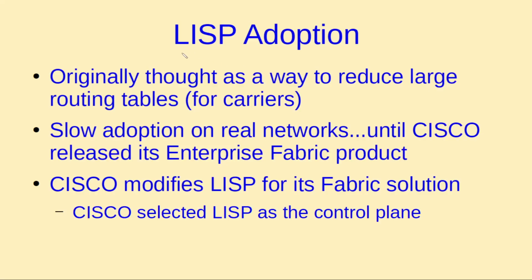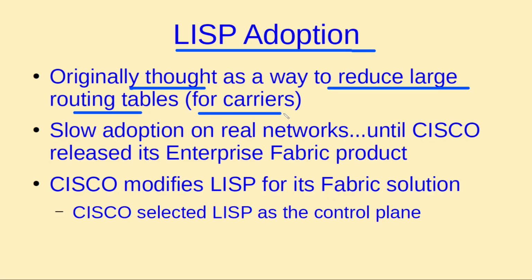Let's talk about how LISP has been adopted within the networking industry. Originally, LISP was thought as a way to reduce large routing tables mostly for carrier networks. It was thought mainly to be used in a wide area network carrier environment.